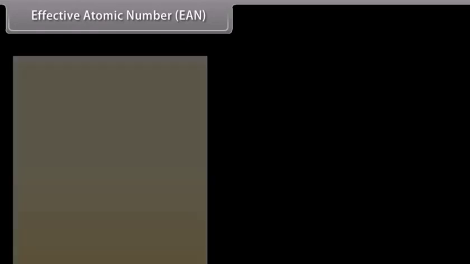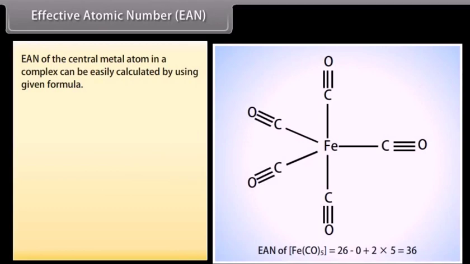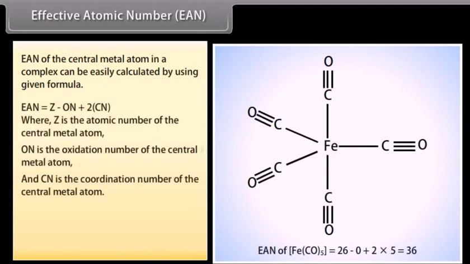Effective atomic number, EAN. Effective atomic number of the central metal atom in a complex can be easily calculated by using the given formula. EAN is equal to Z minus ON plus 2CN, where Z is the atomic number of the central metal atom, ON is the oxidation number of the central metal atom, and CN is the coordination number of the central metal atom.